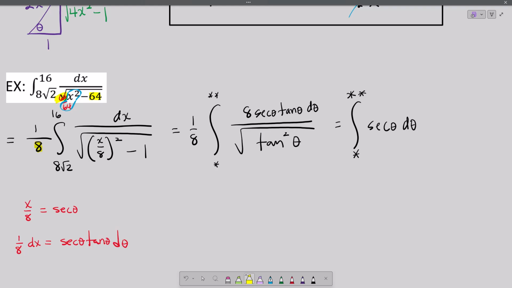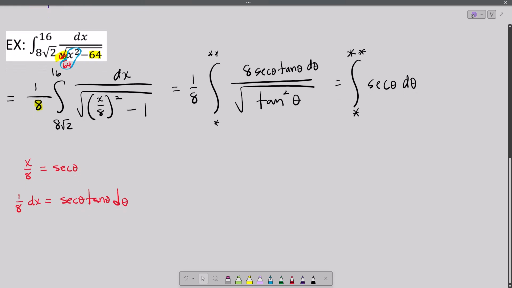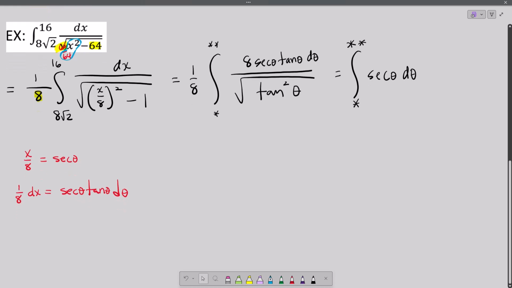And that's where we make our decision whether we use sine, secant, or tangent. If it's a difference of squares with a trailing 1, we always use secant. If it's a difference of squares with a leading 1, we will use sine. So we're going to use secant here, precisely because secant squared minus 1 is tangent squared.